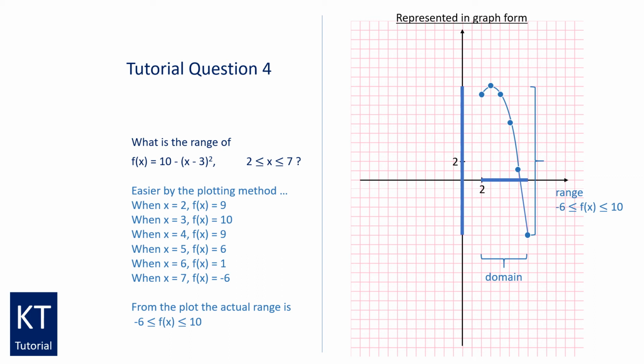Then plot each of these individual points onto the graph and identify the range from there. In this case, the required range is for f(x) to be larger or equal to minus 6, but less or equal to 10.